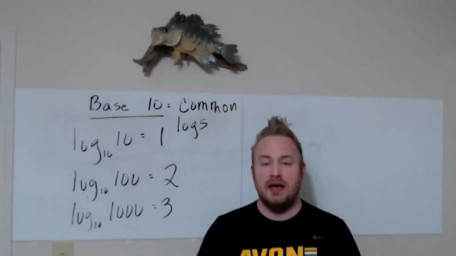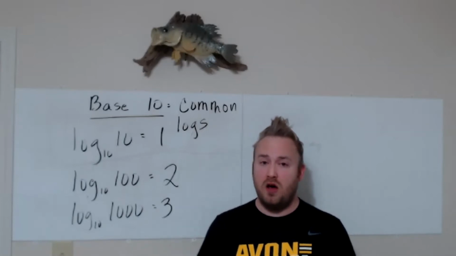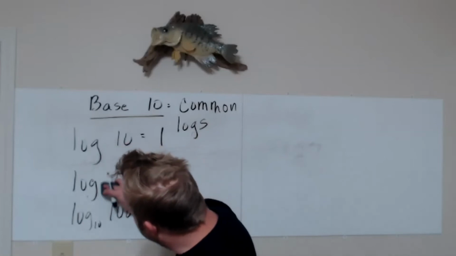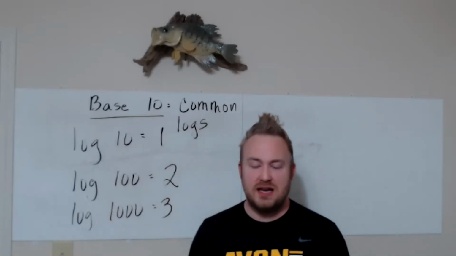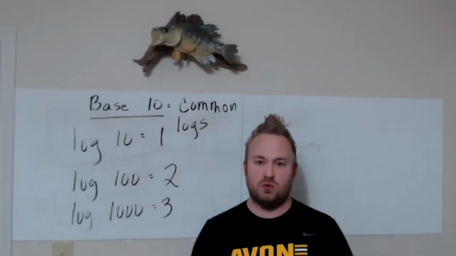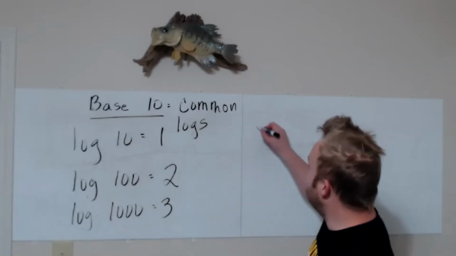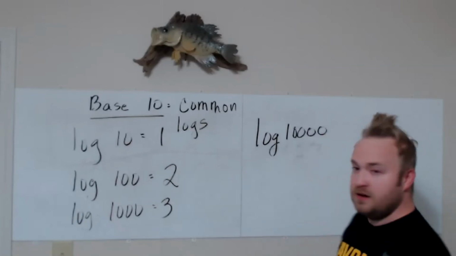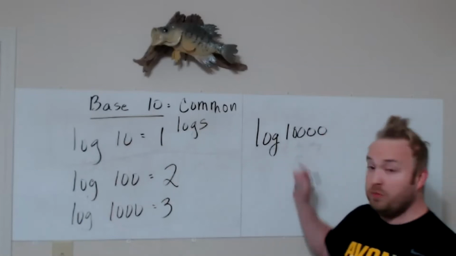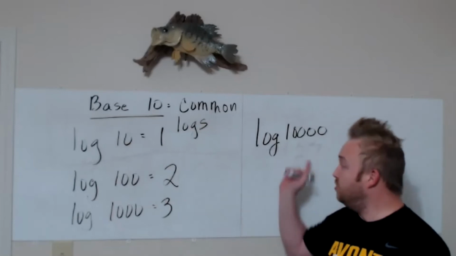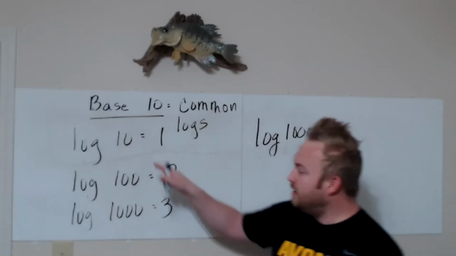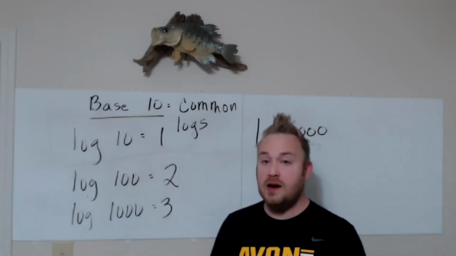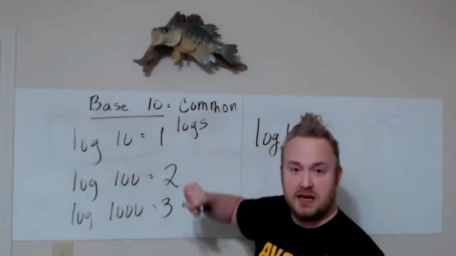And here's the thing, since they're common logs, we save ourselves the trouble and say, if your base is 10, you don't even need to write the base. So if I write log of 10,000 and I don't put a base there, you know what that base is. Anytime your base is missing, there's only one number it can be, and that's a 10.